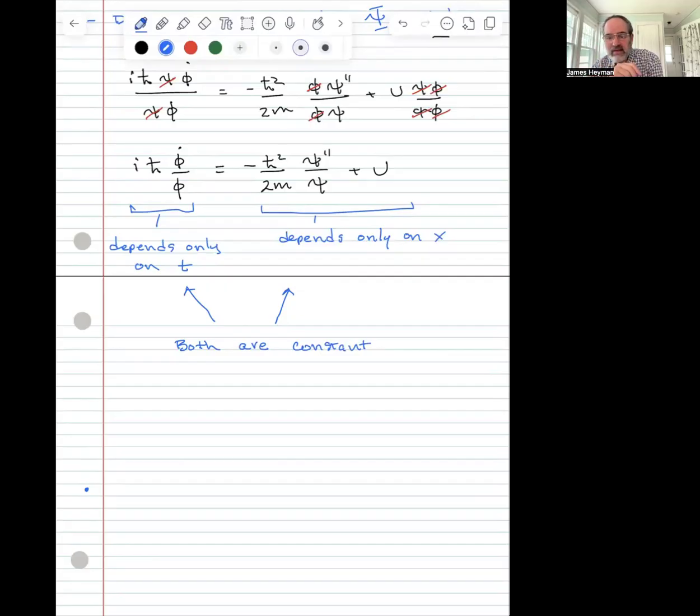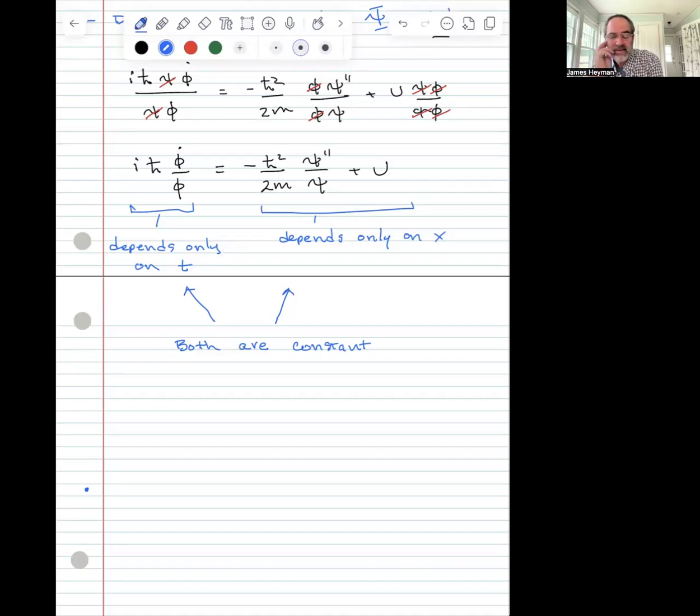Then the left-hand side of the equation must have a single constant value. On the right-hand side, we have a function that is apparently depending on x, but it has to equal that constant no matter what the value of x is. So the right-hand side taken all together cannot depend on x. We have two terms that each might depend on x, but the sum of them has to be independent of x. Otherwise, the equation won't be true at any specific time for all possible values of x.